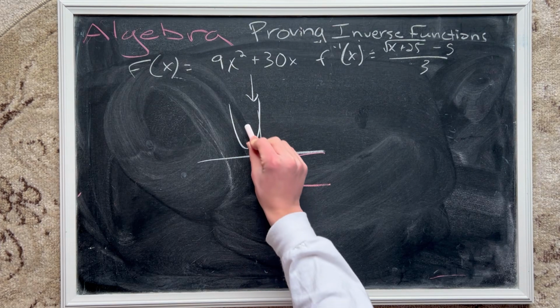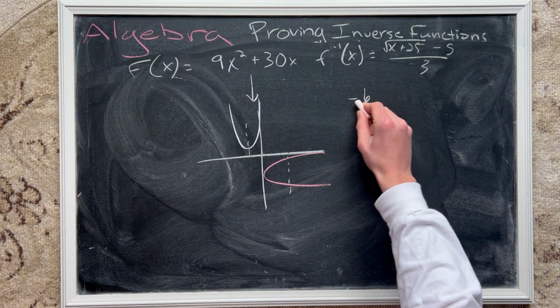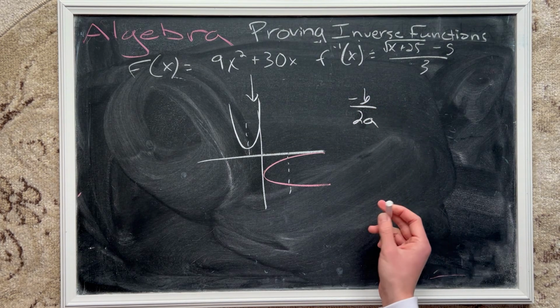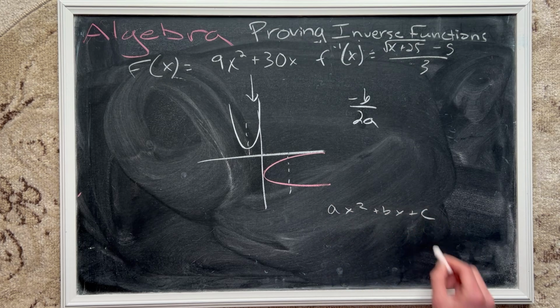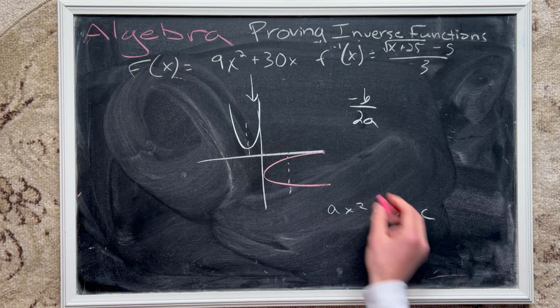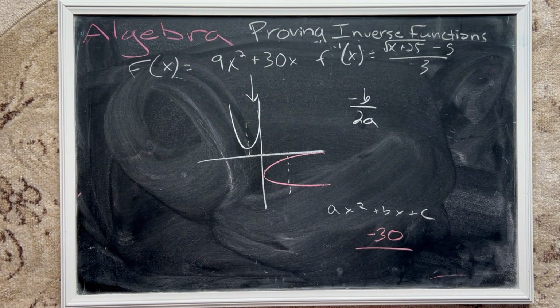And we could restrict the domain by using the vertex formula, opposite of b over 2a, in the quadratic ax squared + bx + c. So the b would be 30, so opposite of b would be negative 30, over 2 times a, which would be 18. So this would be the x-coordinate of the vertex.